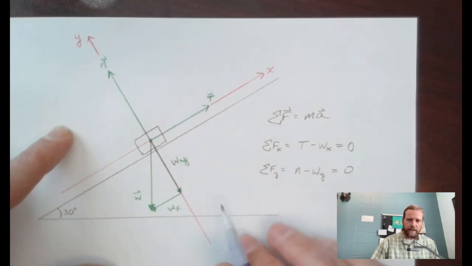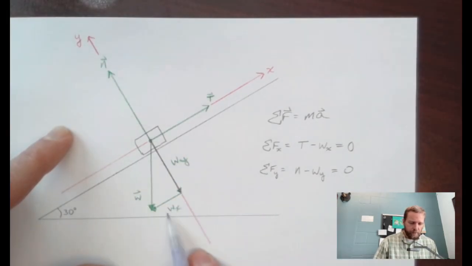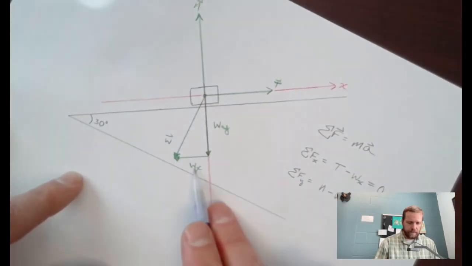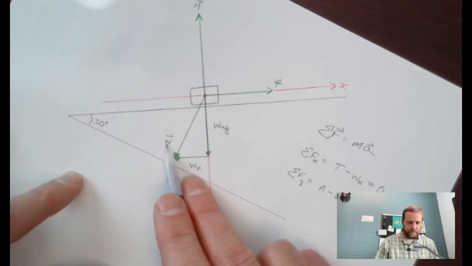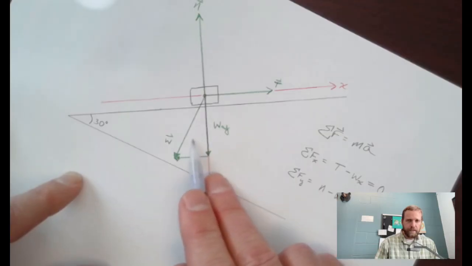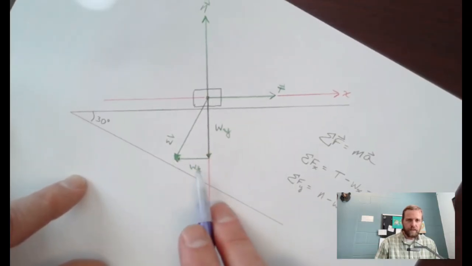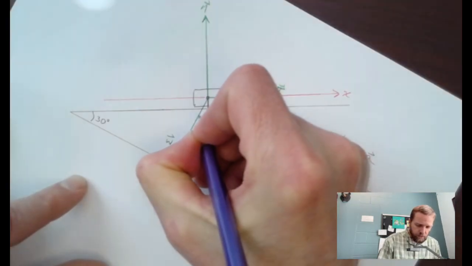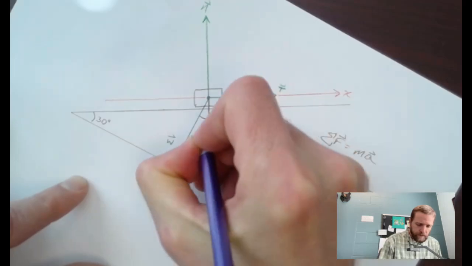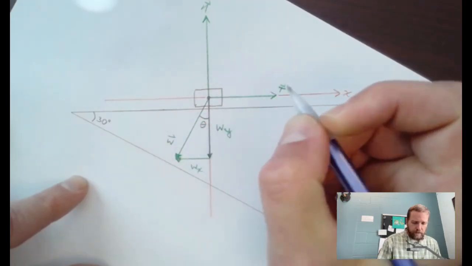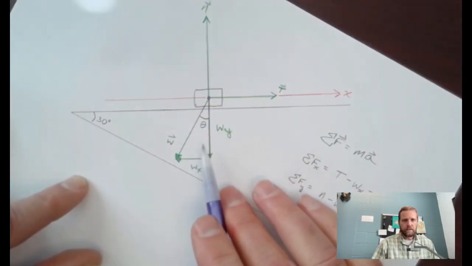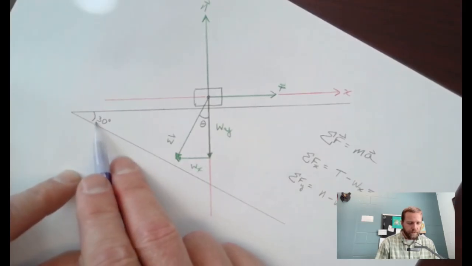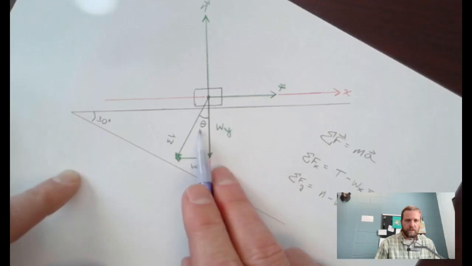I have to look back at my free body diagram to figure out what the relationship is between Wx and W, and also Wy and W. All right, so if I look at this triangle right here, I need to know this angle right here. What is this angle? Okay, and a little bit of geometric work will tell you that this angle and this angle are the same.